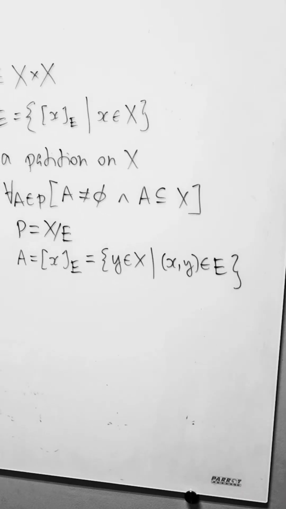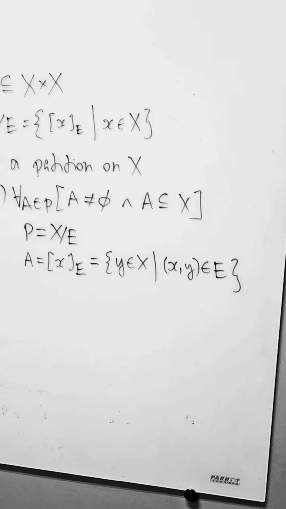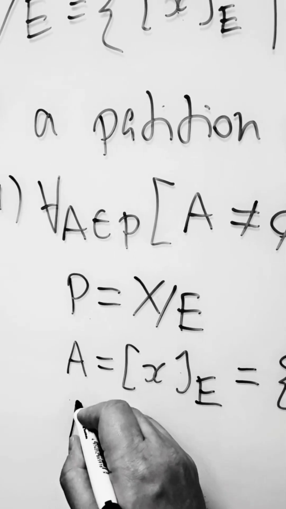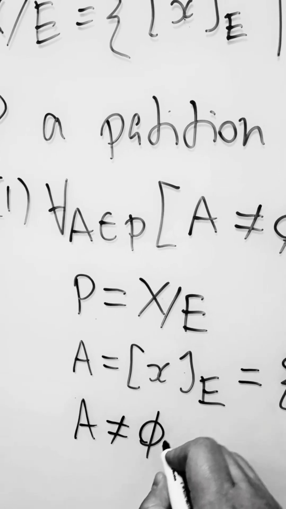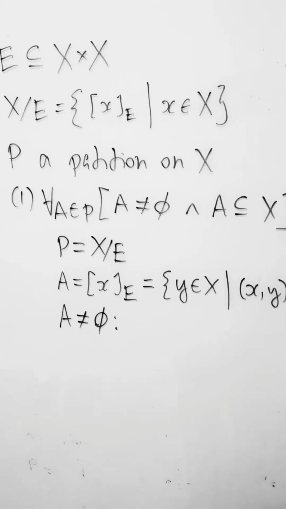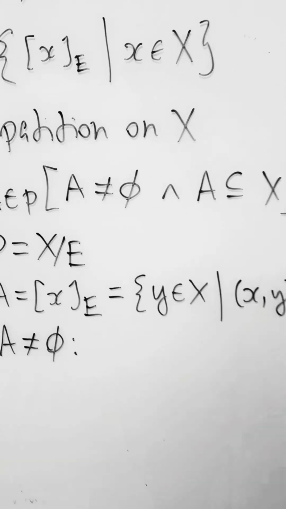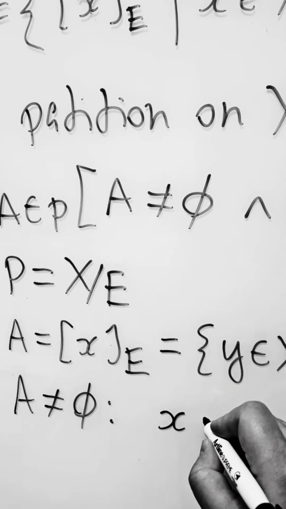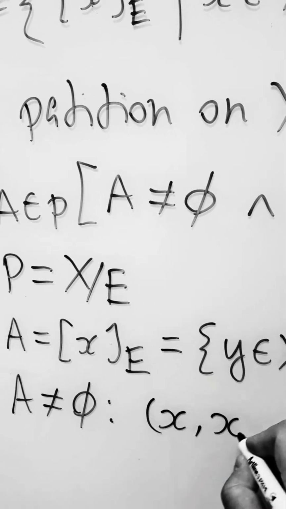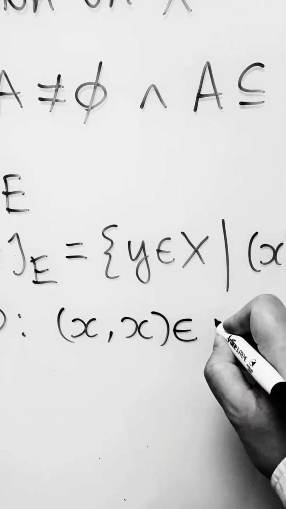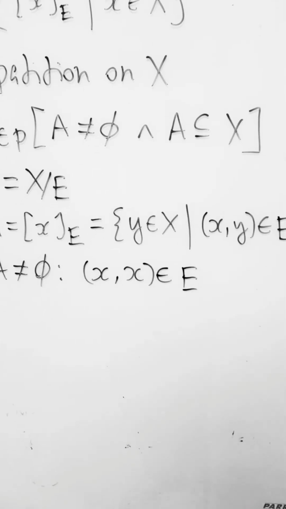So for this A, we need to check two things. One, that it is not empty. How do we know A is not empty? Well, for it not to be empty, it needs to have an element. x itself is an element of A because by reflexivity of E, the pair xx belongs to E.